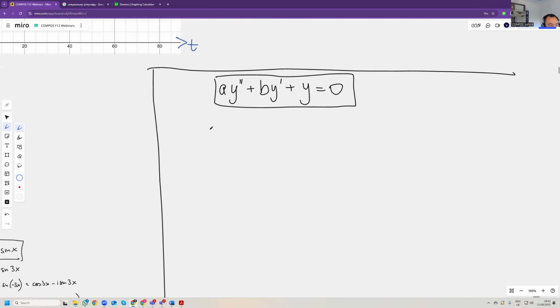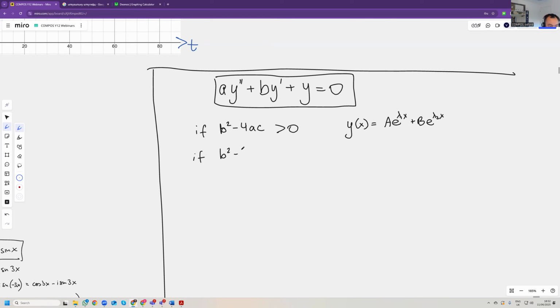If b squared minus 4ac is greater than 0, then y of x is equal to a e to the lambda 1 x plus b e to the lambda 2 x, where lambda are the two roots.